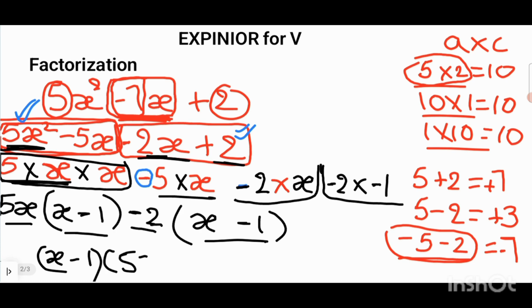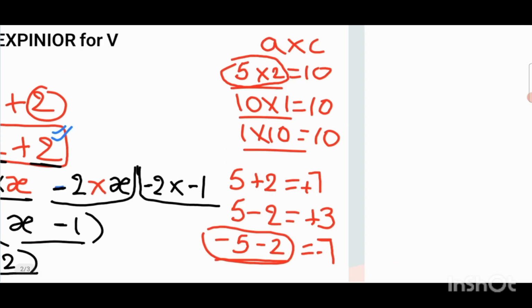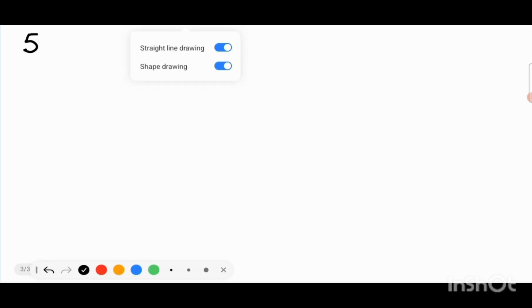You have to write it as x minus 1 into 5x minus 2. So this is the answer, not the answer, 90% of the problem is done over here. Now we'll go into the remaining 10%. We got 5x minus 2.